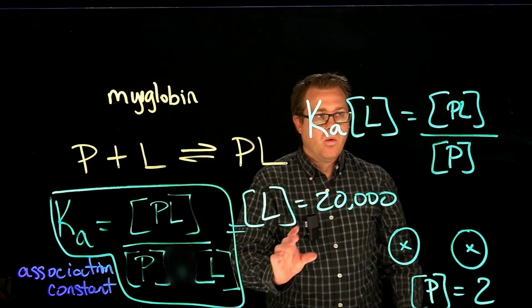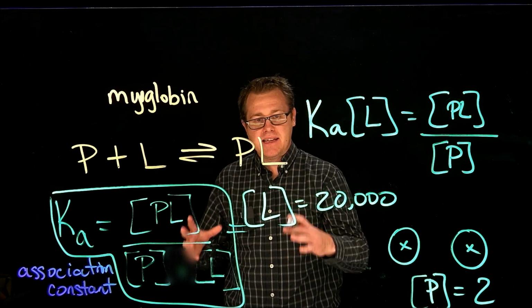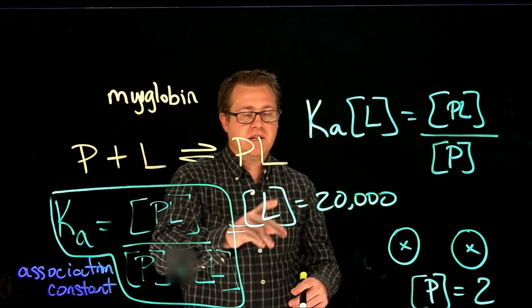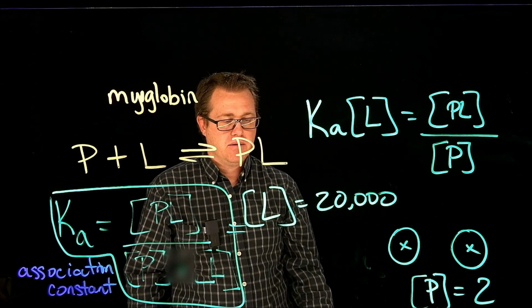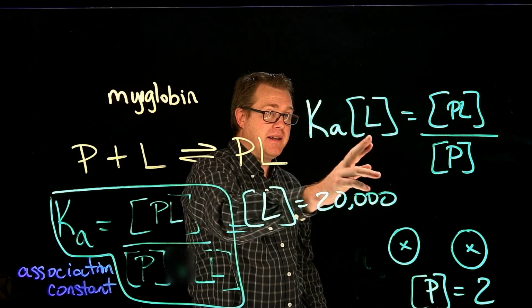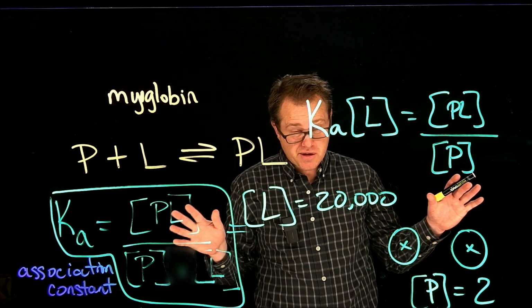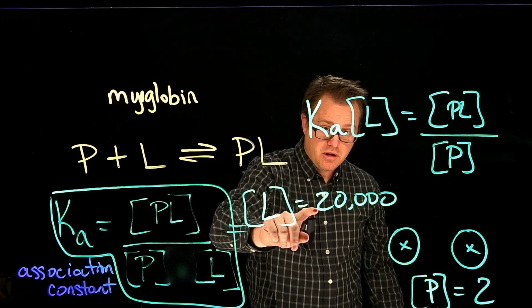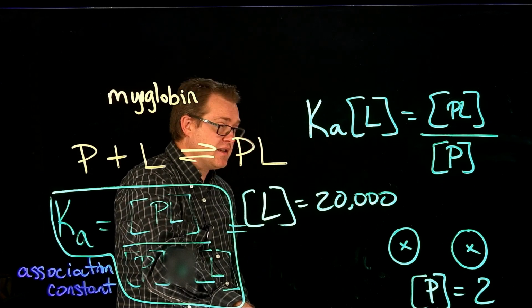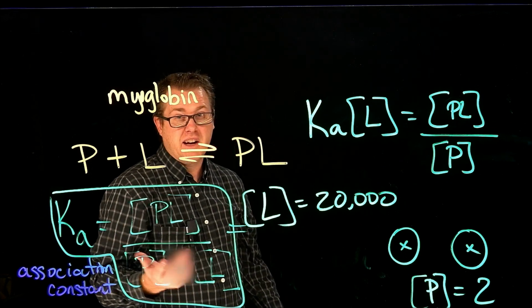So what I'm trying to get at is that within the cell, the ligand concentration is drastically higher. And so this relationship that I just talked about, that it's proportional to the concentration of the ligand, kind of falls apart because, look, we go from 20,000 to 19,998. The concentration is relatively constant.